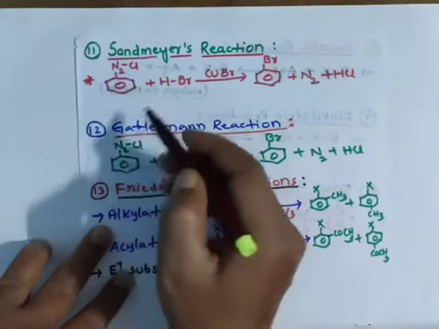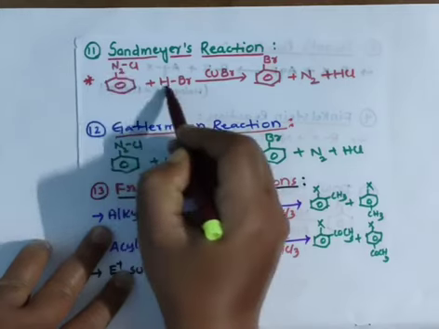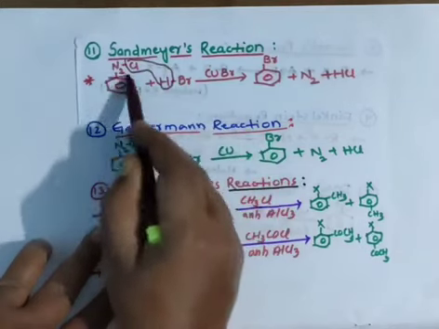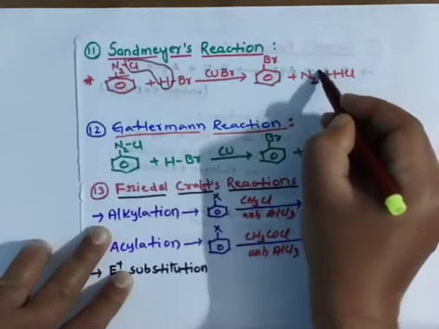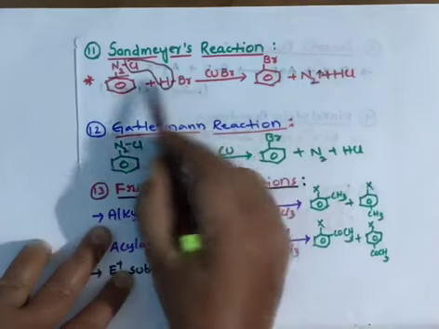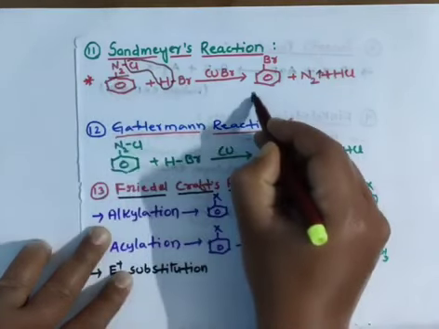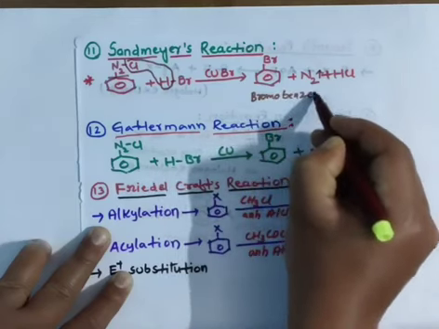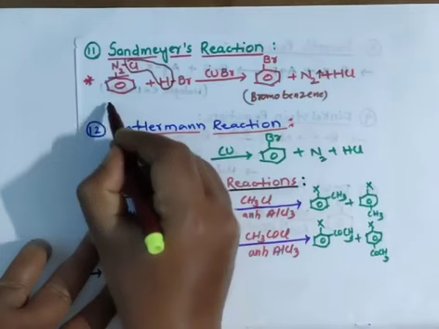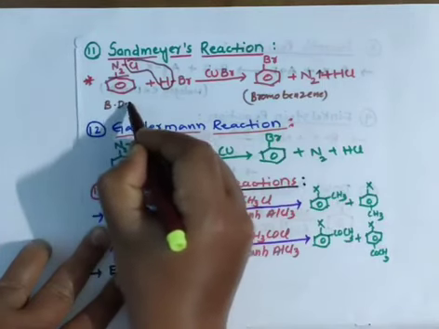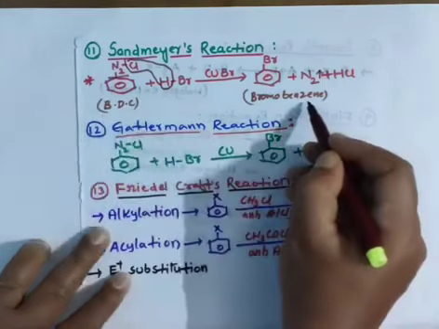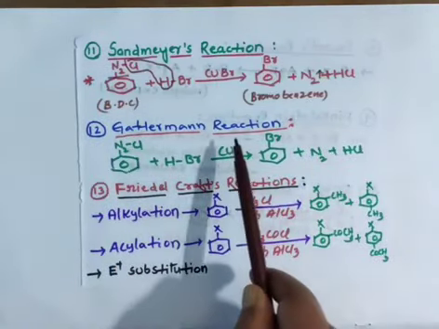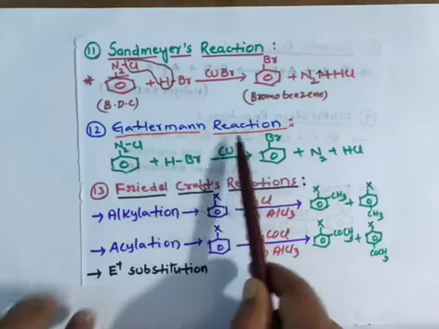Immediately they decompose. This chlorine and this hydrogen are removed as HCl. This N2 is going to break, and N2 gas you are getting here. Immediately this bromine will attack here. Then you are getting bromobenzene. So benzene diazonium chloride is converted into bromobenzene. This is Sandmeyer reaction. Next, another important reaction, Gattermann reaction.